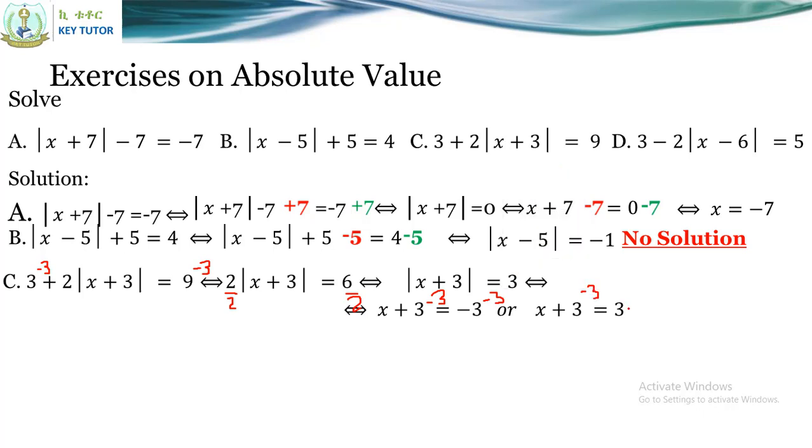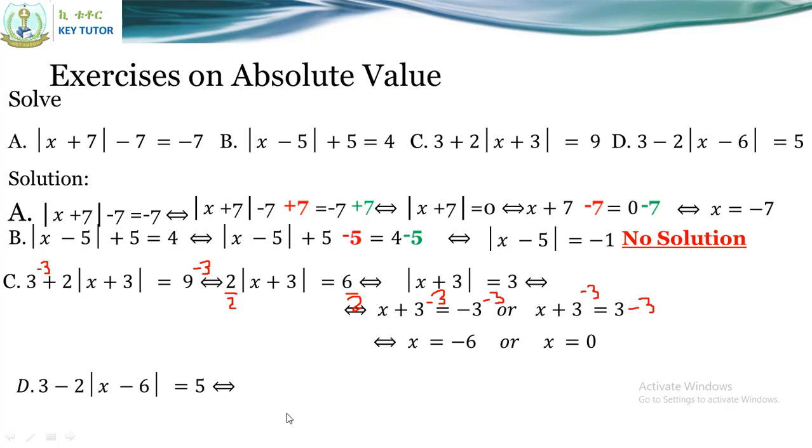So x plus 0 is equal to negative 6 for the one on the left, and from the other equation you get x plus 0, 3 minus 3, is equal to 3 minus 3, which is 0. So together you get simply x equal to negative 6 or x equal to 0.